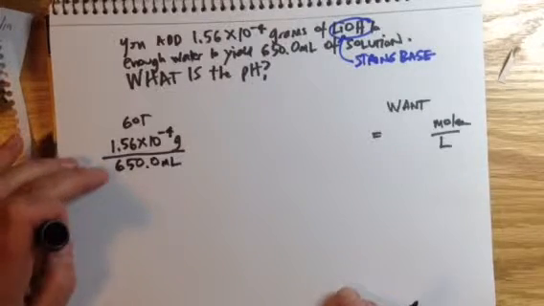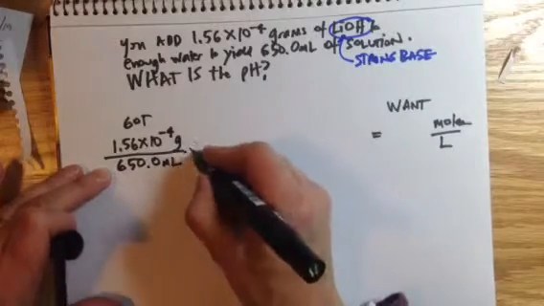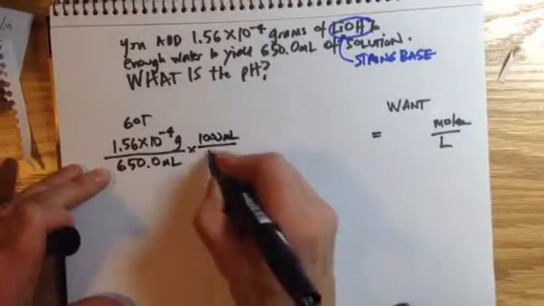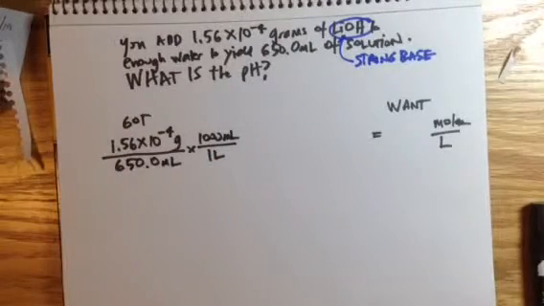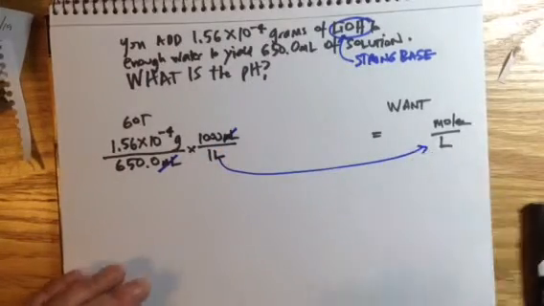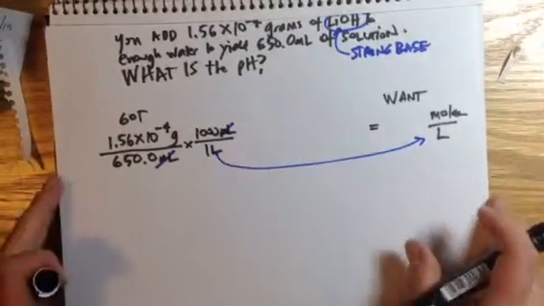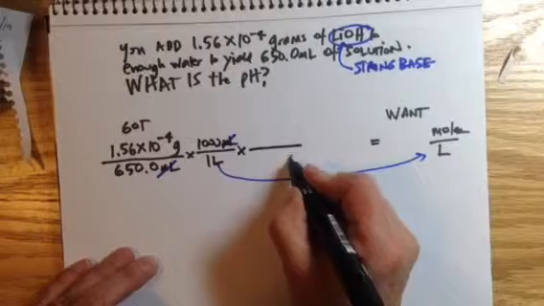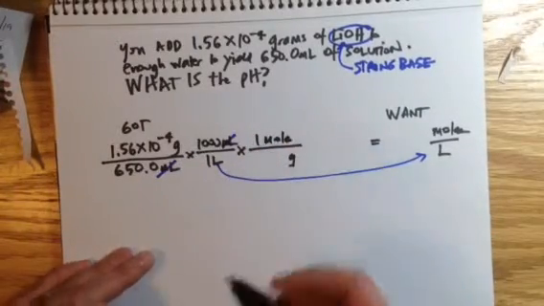Now, it's not a concentration in the units that we want, so we have to do some converting. First of all, let's take care of those mils. And you can tell by doing that, the mils cancel. I'm left with liters, which is good because that's what I want in the end. And now it's time to put grams on the bottom so they'll cancel, and moles on the top, because that's what we need on the top.